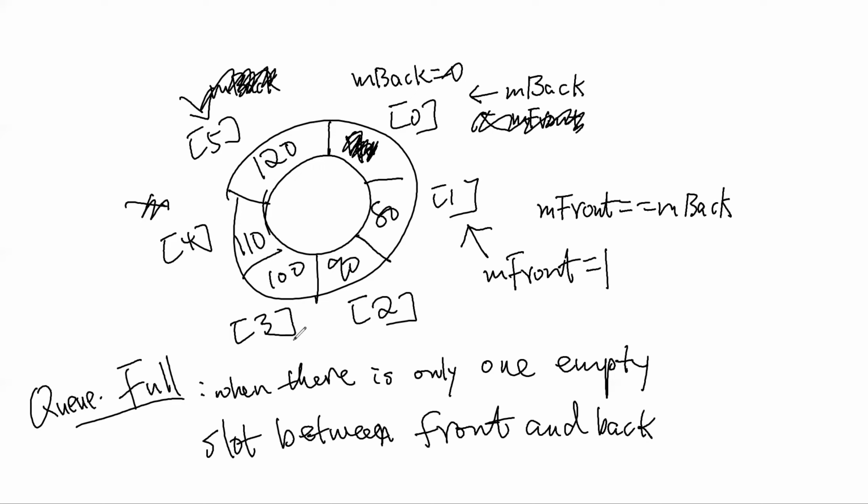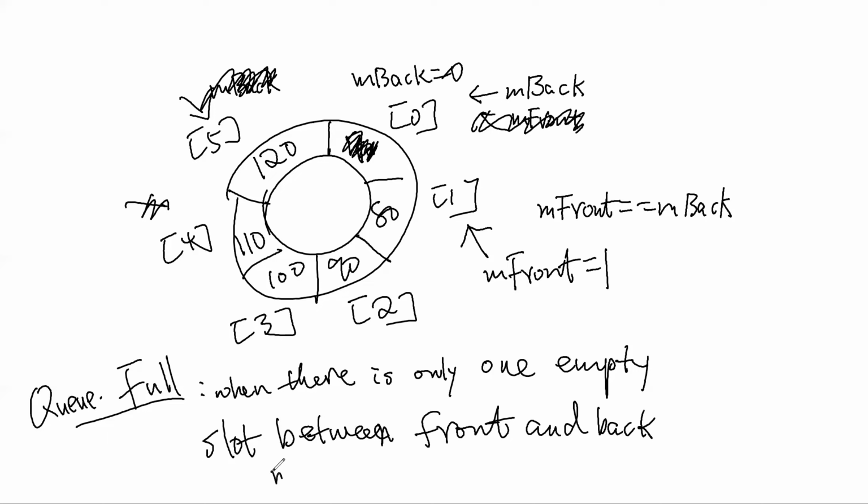I guess you mean when m_front is m_back plus 1, right? Not that there is another empty slot. So the full condition in the circular array implementation is that the empty slot should always be between the back item and the front item. That's full. You cannot add. But how do we express it?